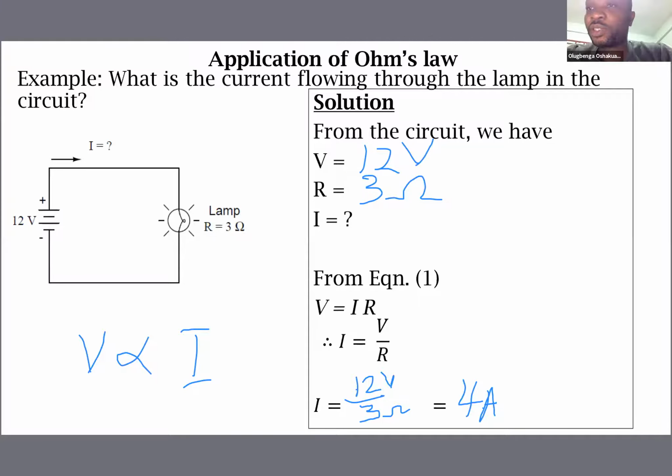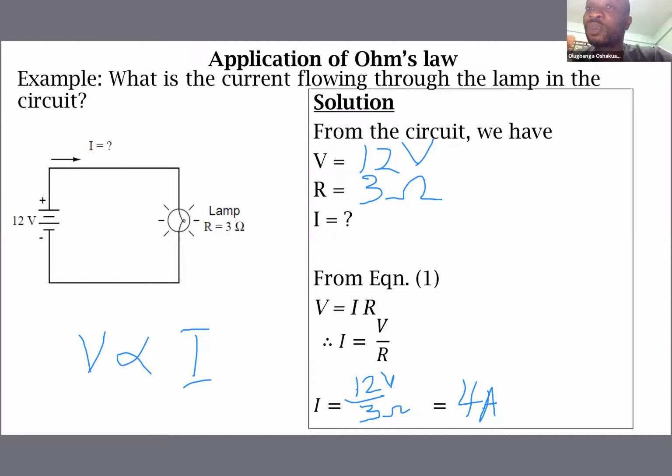So let's continue. When you check the different tungsten bulbs you are holding, you must have seen some rated 60 watts, some 100 watts, some 200 watts. What that simply means is that the ones rated 60 watts have higher resistance compared to the ones rated 100 watts.